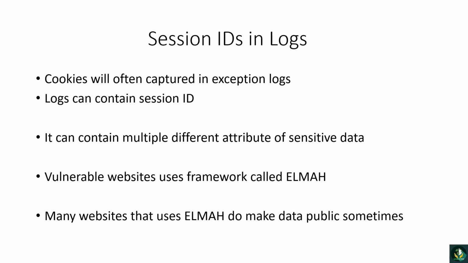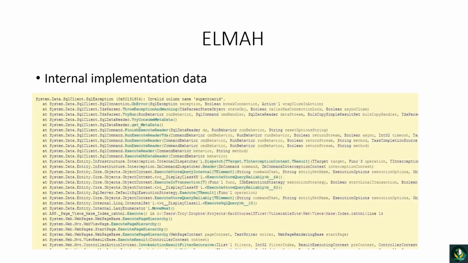So we'll use the ELMAH exception log, which is unfortunately exposed on this application, and we can see here an exception, and the exception was an invalid column name. It doesn't really matter what type of exception it was, but there are many different circumstances that can lead to an exception in a web app.